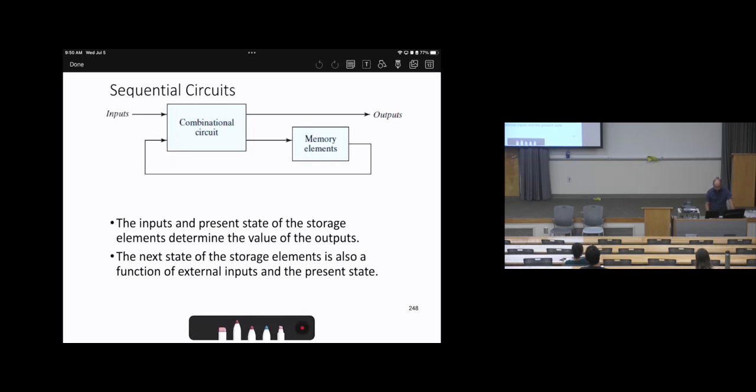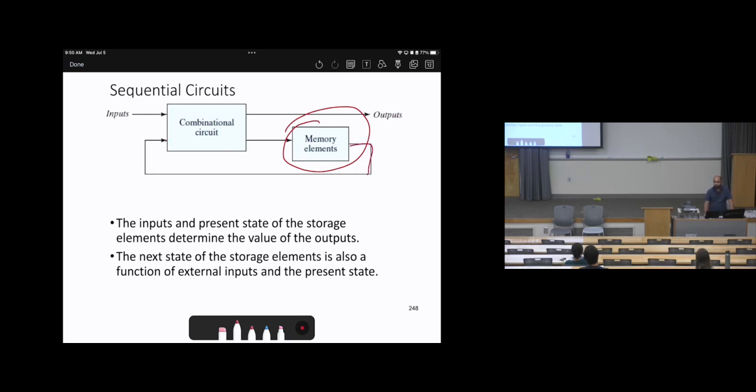Earlier in this course, the first half was combinational circuits. Now we will use the same techniques as in combinational: we keep using Karnaugh maps, Boolean algebra, and the other stuff, but we need to add memory elements. So we need to have some storage, and that storage can be used as a feedback. We see that there is a feedback going from the storage.